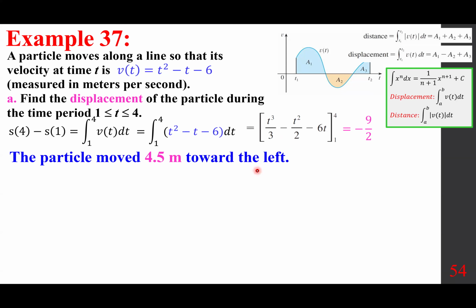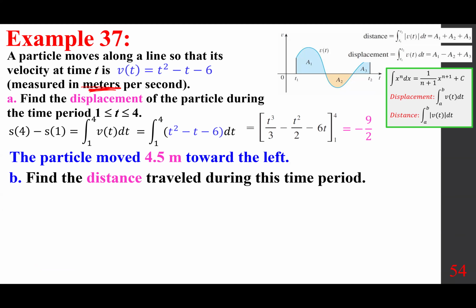That's the idea of why it's negative. Class, negative 9/2 is the same as 4.5. Why meters? Because the units were given here as meters per second for the velocity, and therefore 4.5 meters. Okay, everybody? All right.